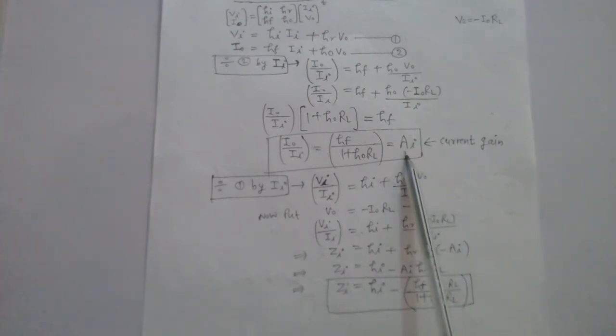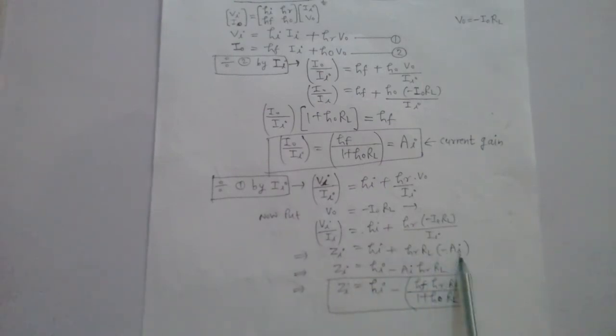So you will get VI by II equal to HI plus HR, in bracket minus IO RL, divided by II. So VI by II is nothing but ZI, the input impedance. Input voltage divided by input current is the input impedance ZI, equal to HI plus HR RL, and IO by II, I told you, is the current gain.